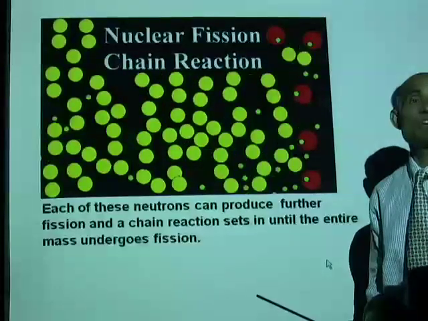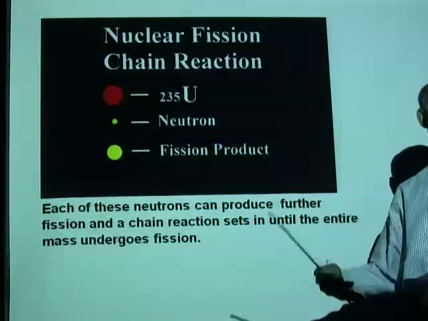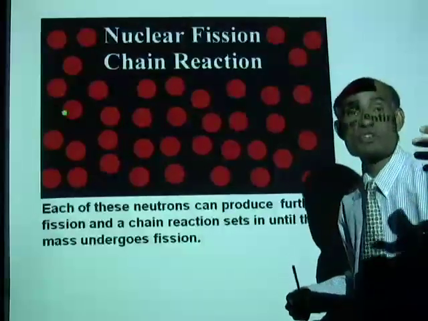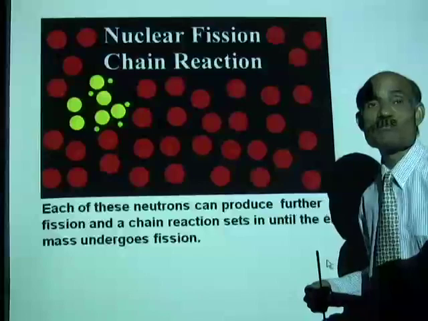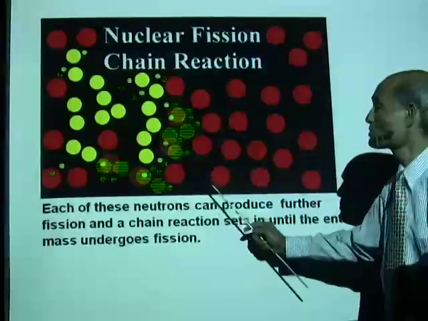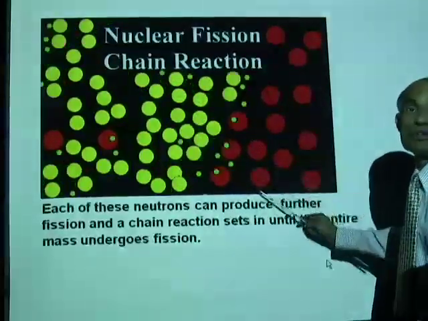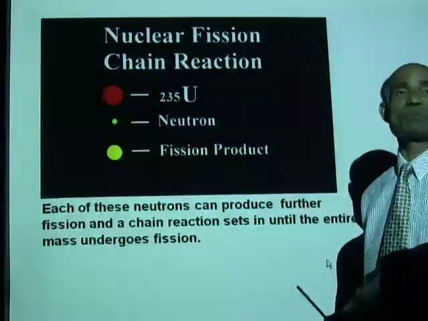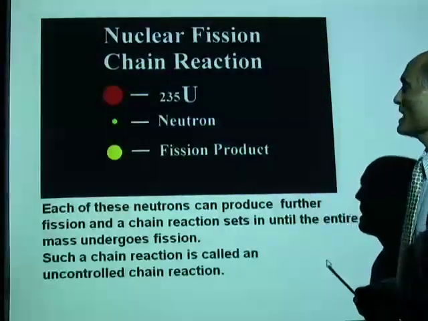It doesn't take a very long time. So each neutron produces further fission in other uranium-235 nuclei, releasing more neutrons, more fission, more neutrons, more fission, and it spreads right through the material within a very short time.